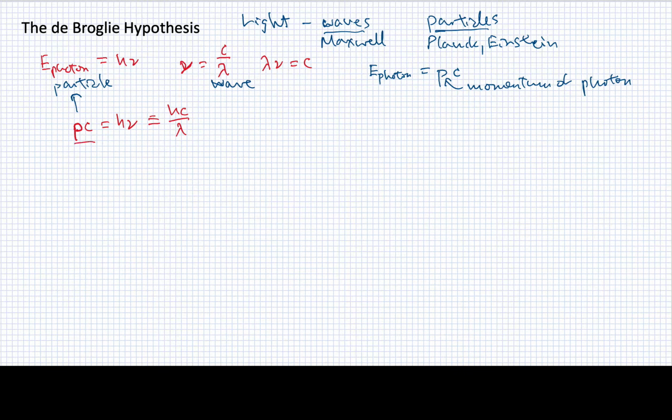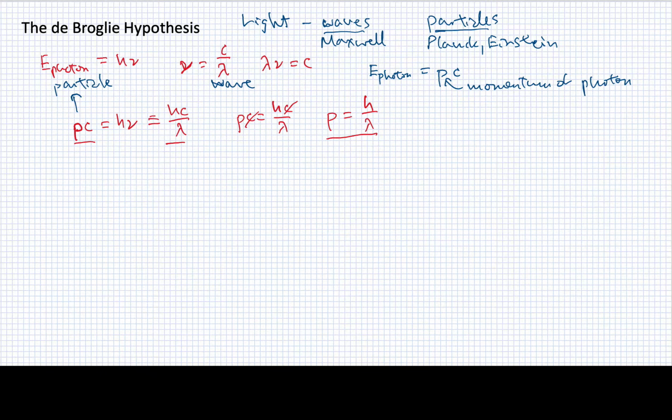So if we set pc equal to hc over lambda, and divide both sides by c, what we end up with is an expression that tells us how we can calculate the momentum of a photon based on its wavelength. So this is a practical guide, if you will, for how to explicitly determine the momentum of a photon.